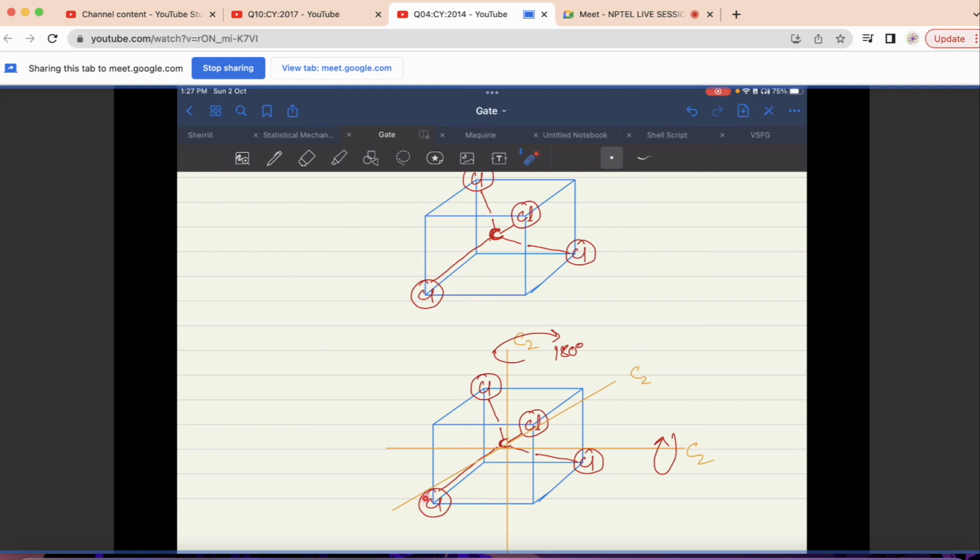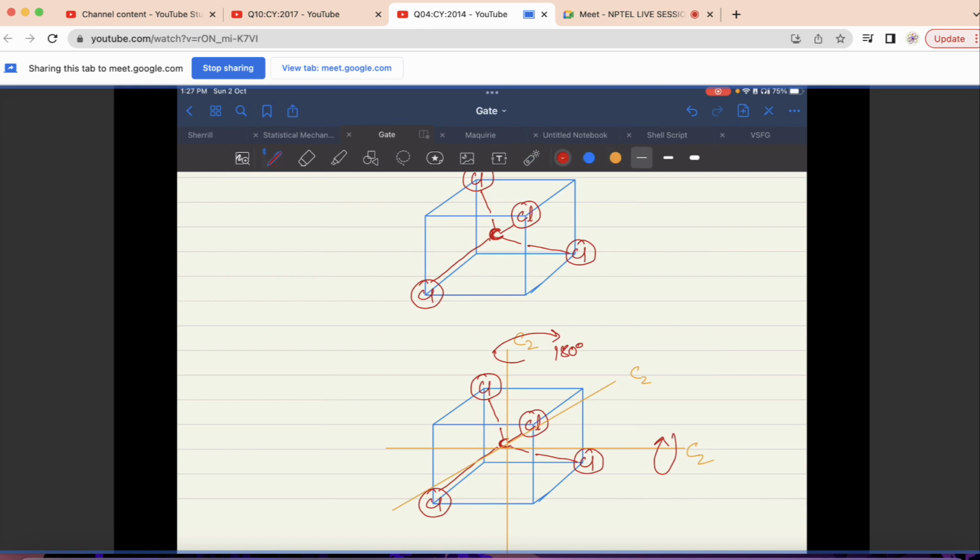So you can imagine this particular axis similarly like this one, but from back to the front. I mean, from this particular phase to this particular phase, it is doing the 180 degree rotation. Okay, so this Cl will come here, and this Cl will come here, and for these two also.